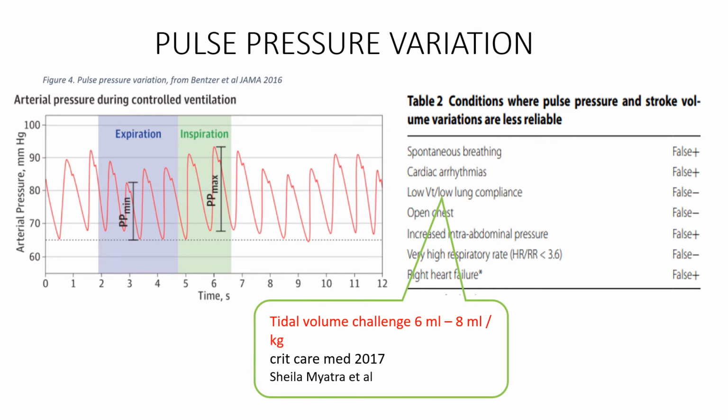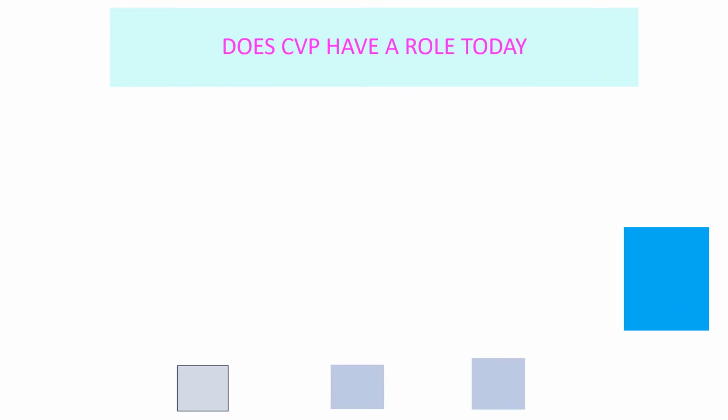So you give this 1 minute challenge, and the pressure will go up. That is why you cannot use 8 ml per kg consistently. You have to keep the tidal volume at 6 ml per kg for ventilation in ARDS patients. So for a minute you can increase to 8 ml per kg, and then see the increase in the PPV or SVV, and if there is an increase of around 3 to 4%, that means the patient is fluid responsive.